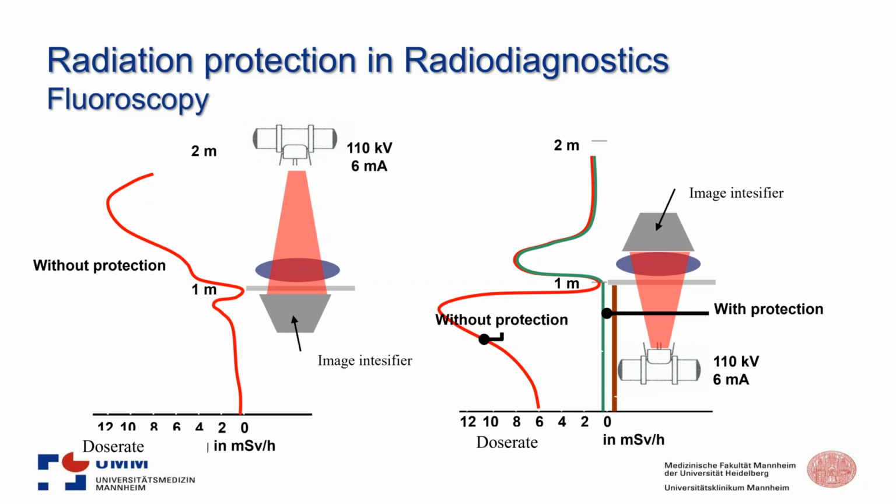A chest X-ray is done with 120 kV. So these are the energy numbers you have to deal with in radiodiagnostics, and this is related to the needed tenth and half value layers for your radiation protection.